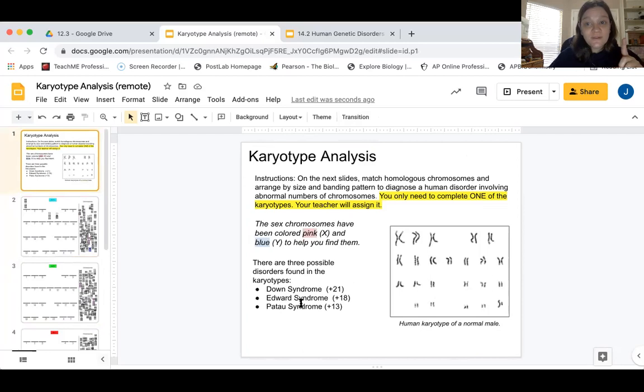So one of them is normal. One of them does not have a genetic condition. The other 3 have one of these 3 possible disorders. So they either have Down syndrome, which is where they have 3 copies of number 21, Edward syndrome, 3 copies of number 18, and Patau syndrome, which is 3 copies of 13. Okay, so that's what the plus means.